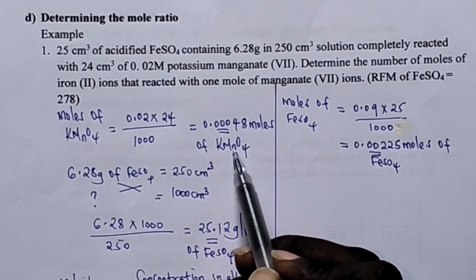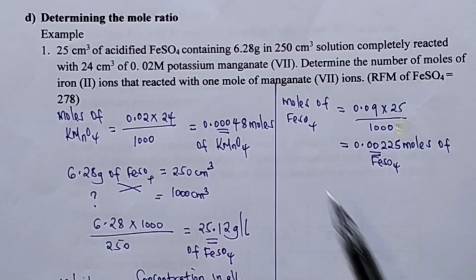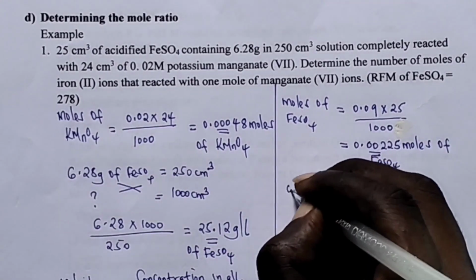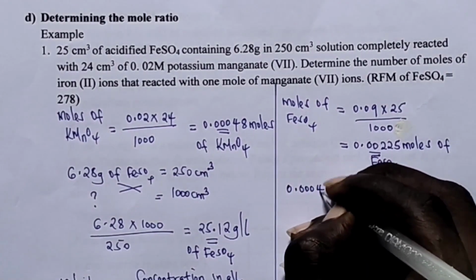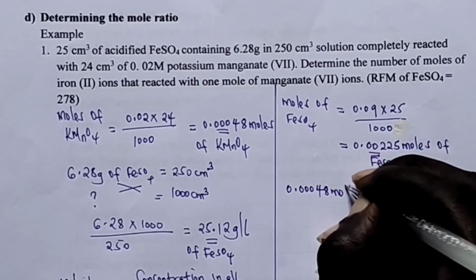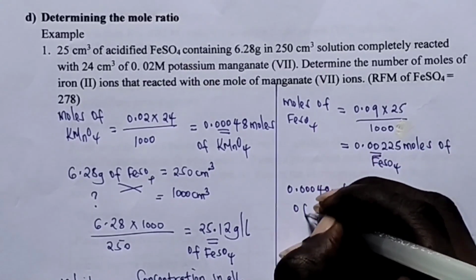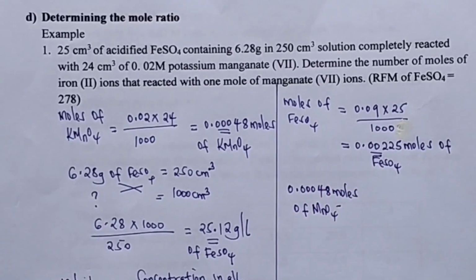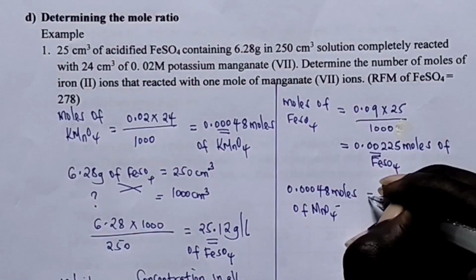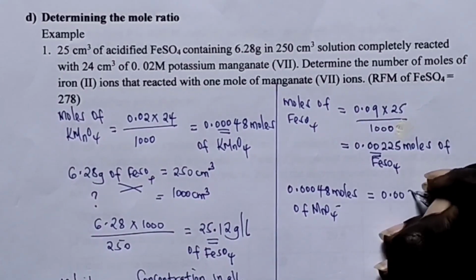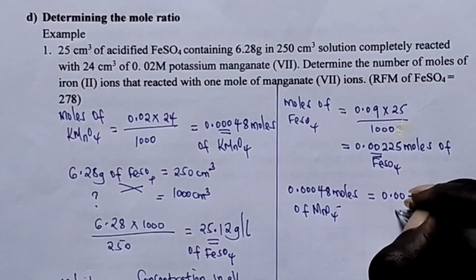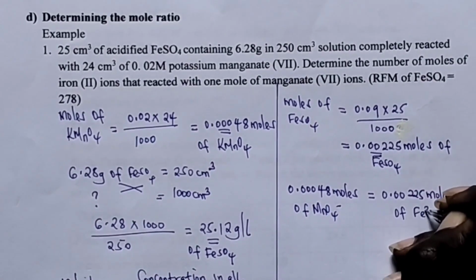So we can ask, what about 1 mole of potassium manganate 7? What we can say is 0.00048 moles of manganate 7 ions in potassium manganate 7 solution has reacted with 0.00225 moles of iron 2 ions in iron 2 sulfate.